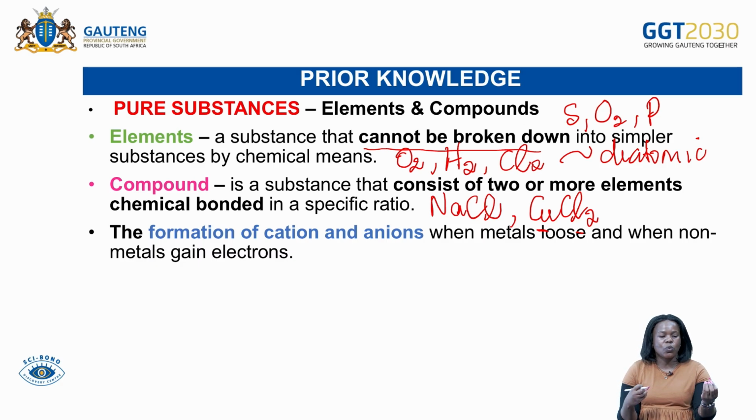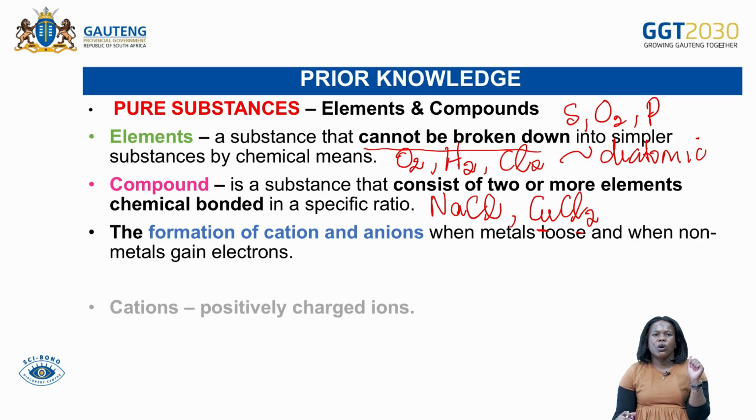As soon as one element loses electrons, the other element gains the electrons. That's how we are able to form what we call cations and anions, which is the basis of today's lesson. The loss of electrons as well as the gain of electrons. So we're merely looking at the movement of electrons.